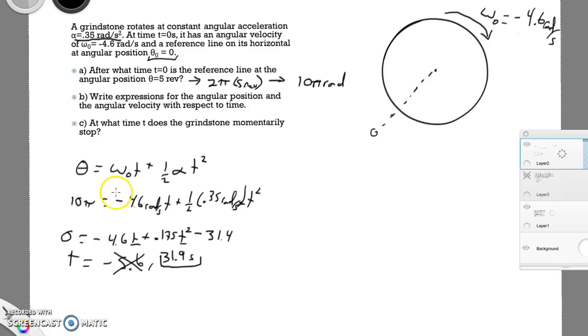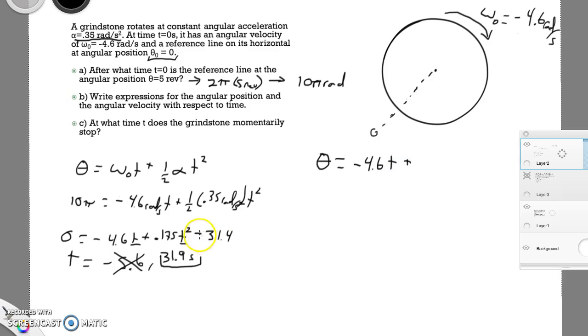Alright, we get to the second part here. It says write expressions for the angular position and angular velocity with respect to time. We're going to come back to this right here, and just plug in some values. So showing the relationship between angular position and time, we're going to input our starting velocity and our acceleration.